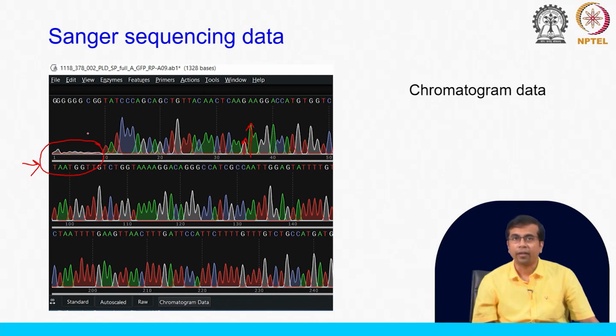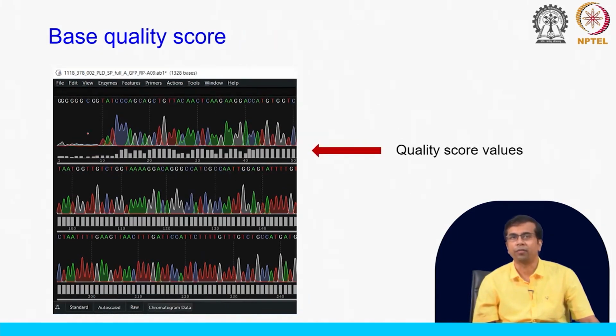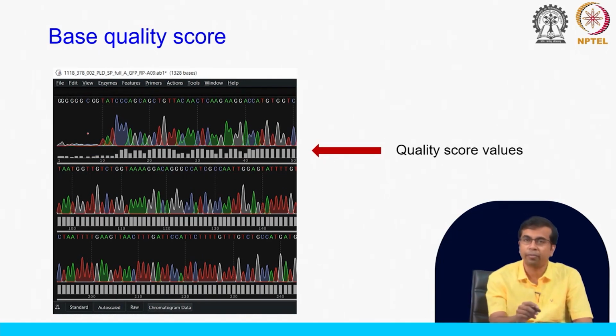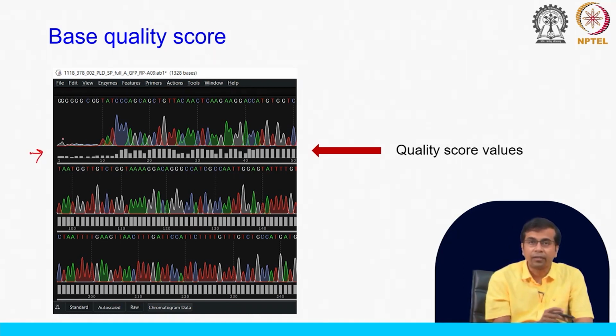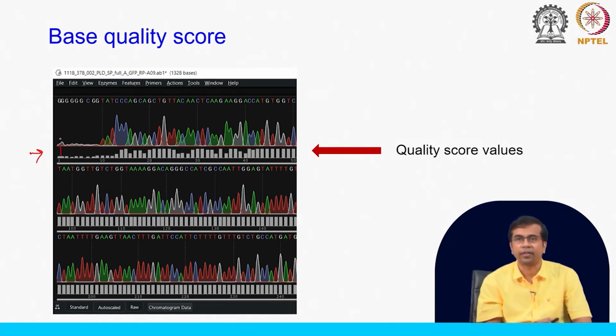So, let us look at the quality score. We can also look at the quality score of this sequence. For each base you will have a quality score; we have discussed how quality scores are assigned. Here is the quality score for this base, for example, and the height of this column represents the quality score. The higher the column, the better the quality.